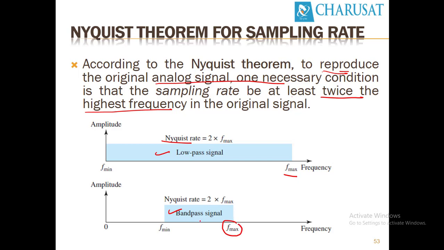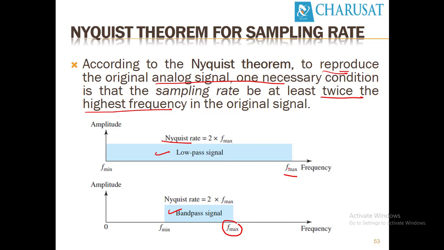And for band pass signals, it has to be the highest frequency, that's f maximum. If only the bandwidth is given, we cannot estimate it. The maximum frequency has to be given. So the sampling rate depends on the maximum frequency, it does not depend on the bandwidth. In the case of low pass signals, if the bandwidth is given, we can figure out f max, because the minimum frequency is 0.